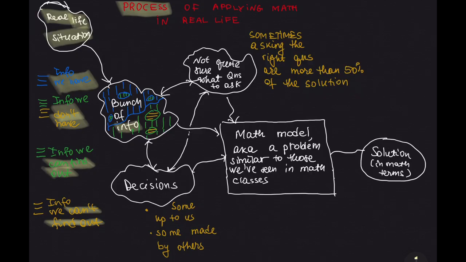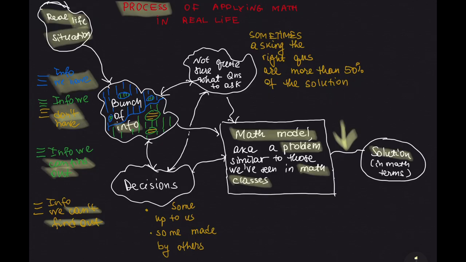addressed when we learn mathematics, right? So when we take math courses, we usually work at the level of when we already have some kind of mathematical model, and so that would usually be presented to us as a problem that we usually see in math classes. And then in math classes, what we usually would focus on is, once we have a mathematical model or some kind of problem, how to get to the solution.